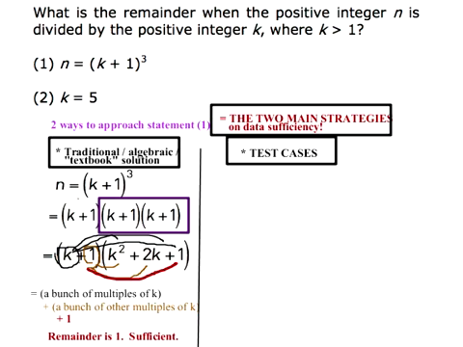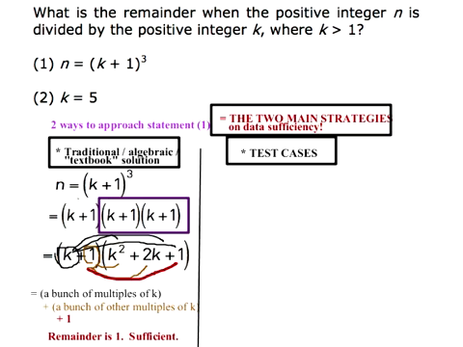Now, if you get lost in that kind of approach, or if you don't really know what to do with the algebra, you can just test cases, right? So n is k plus 1 cubed, which means we should probably start by picking k, and then we can find out what n would be by plugging into that formula.